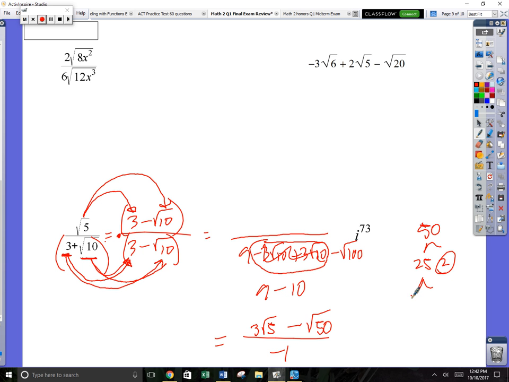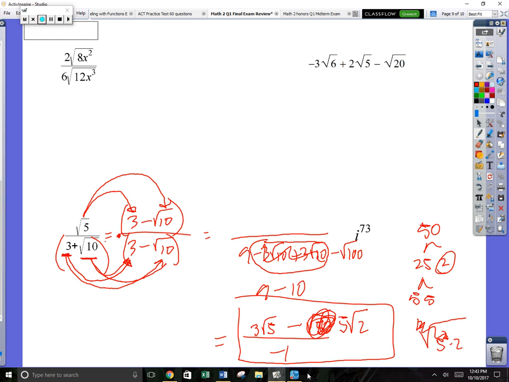And 25, that is a 5 and a 5. So 50 really has 5 squared times 2. So that square root's going to undo the square. So instead of 50, let's go minus 5 square roots of 2. And this is your answer.